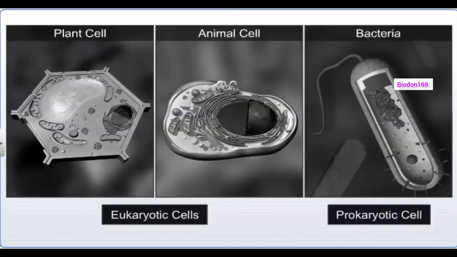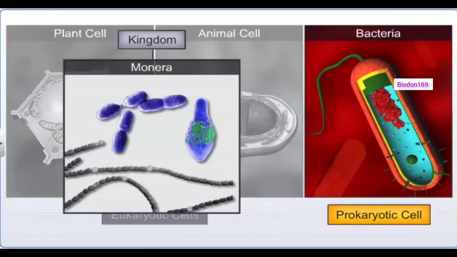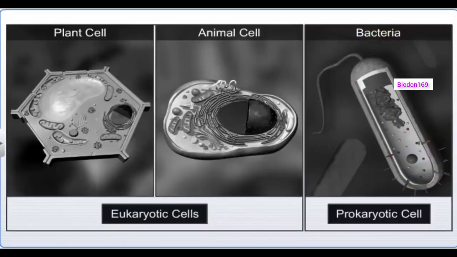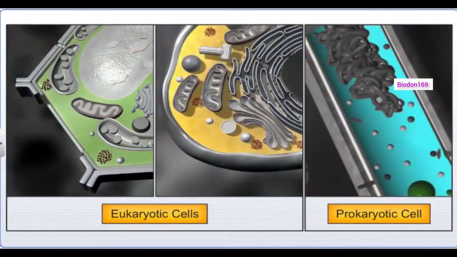On the other hand, cells without a membrane-bound nucleus are called prokaryotic cells, and members of kingdom Monera possess such cells. Both eukaryotic and prokaryotic cells are filled with cytoplasm, a semi-fluid matrix present inner to the cell membrane.